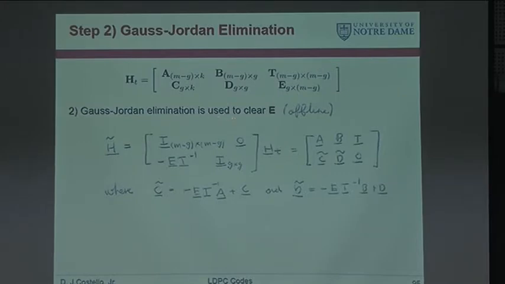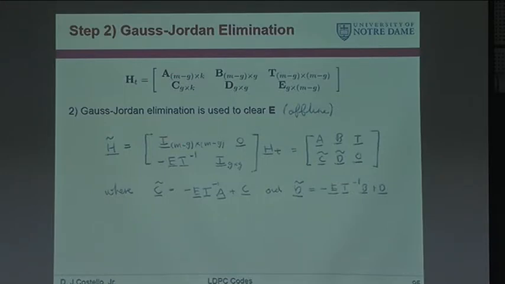And the next thing we want to do, and this is again done offline, is we want to get rid of this matrix. We want to get a 0 there. Okay? So we want to do operations, again, just row operations on this H matrix, which will not change its row space. So we don't want to change the upper row at all.